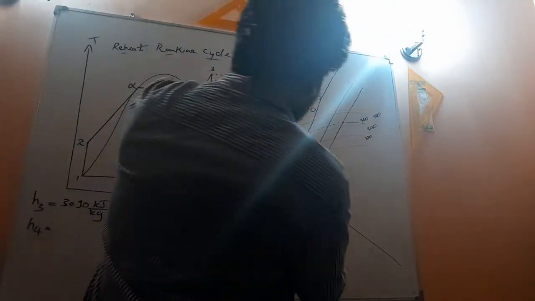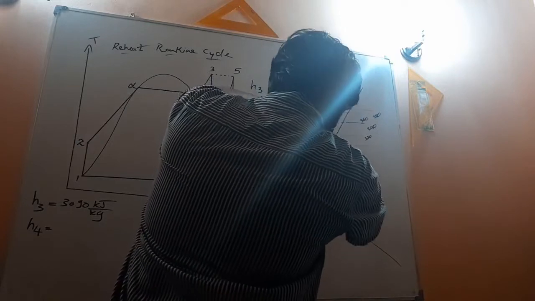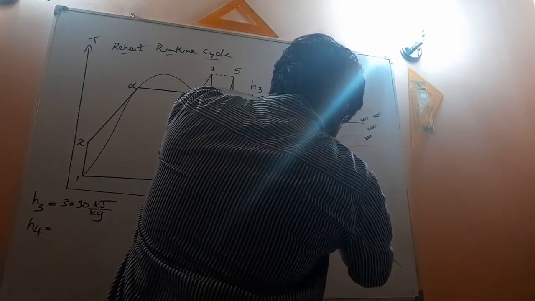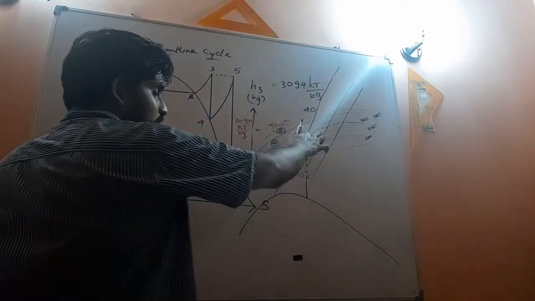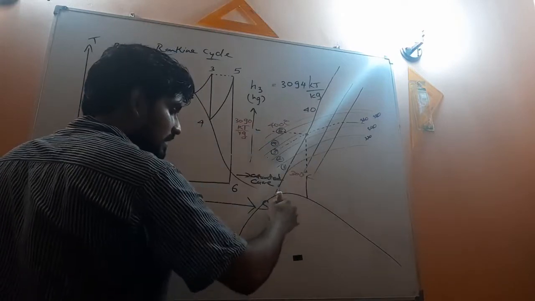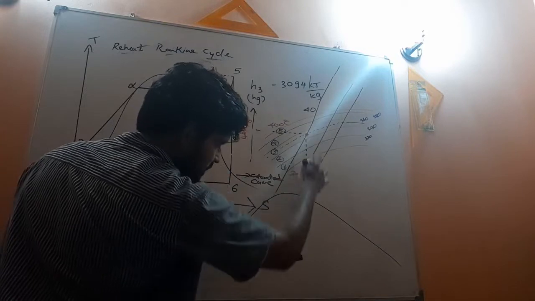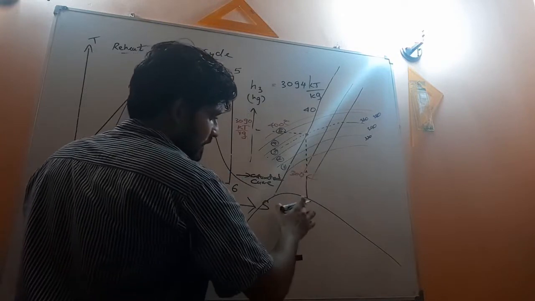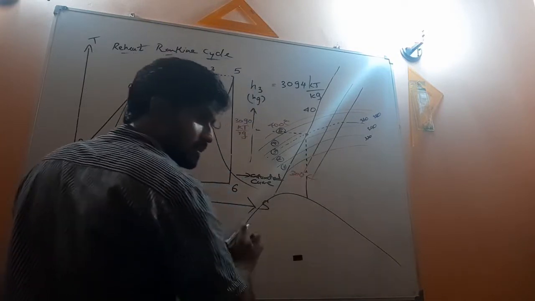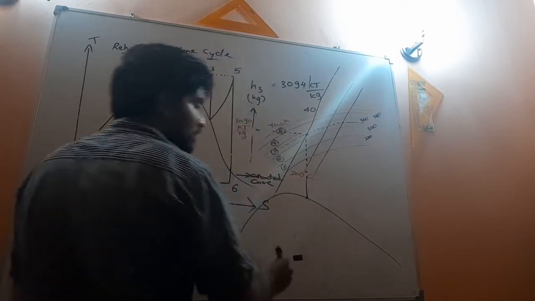So you know what you have to do? This point you have to project vertically downwards till it touches this saturated line. Then this vertical line will intersect with this saturated curve, and you can find that intersection point.